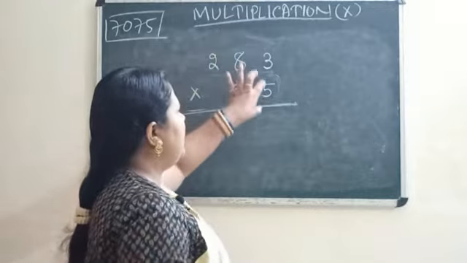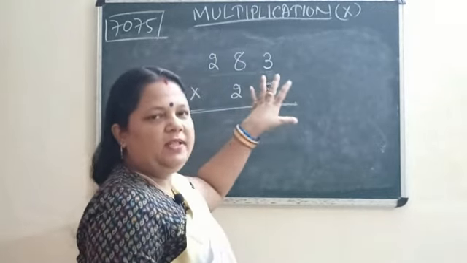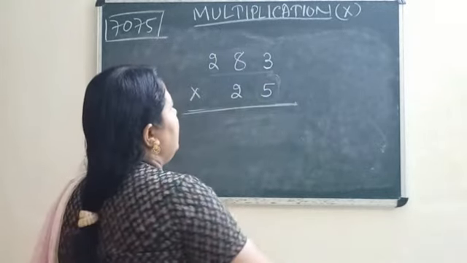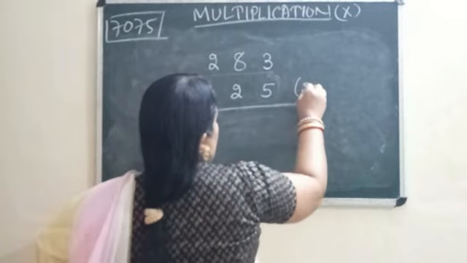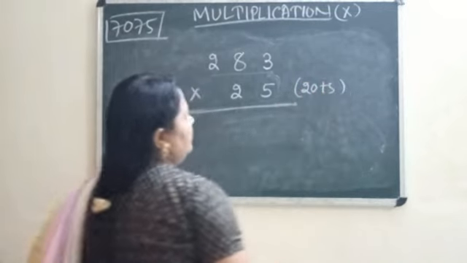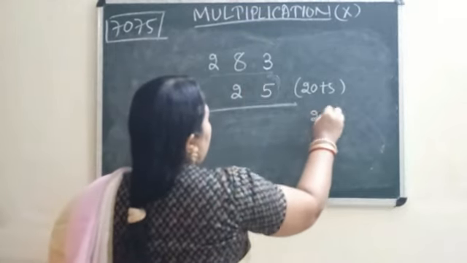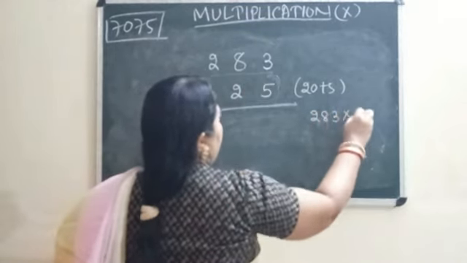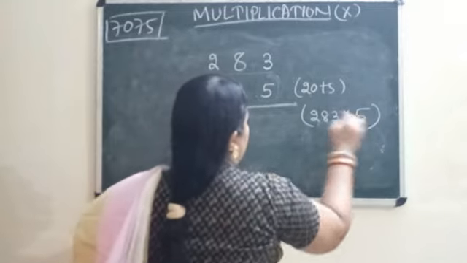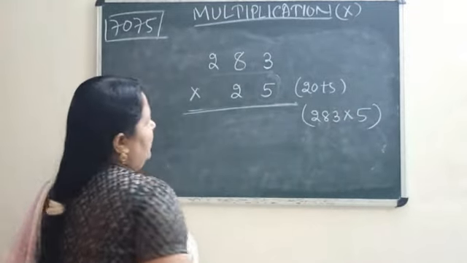So this is multiplicand, this is multiplier. Our multiplier is 25. If we expand this, 25 means 20 plus 5. So first what you will do, 283 multiply by 5. You multiply and write the answer.